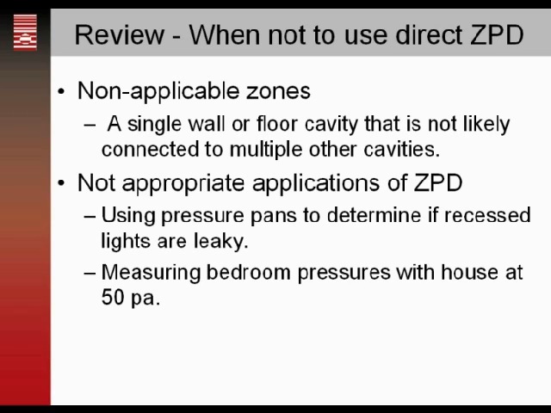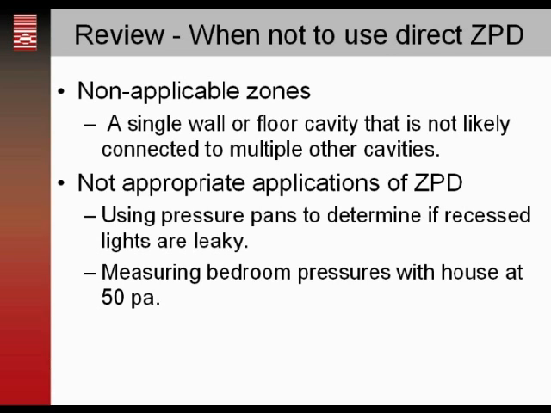For example, if you've got an outlet on an exterior wall or an interior wall that's not likely connected to other zones, and you stick a probe into that cavity, what that's telling you is the ratio of leakage between the house and that cavity and the outside. And that's not very useful information. It's not telling you anything about how much leakage there is. It's just telling you about that leakage ratio.